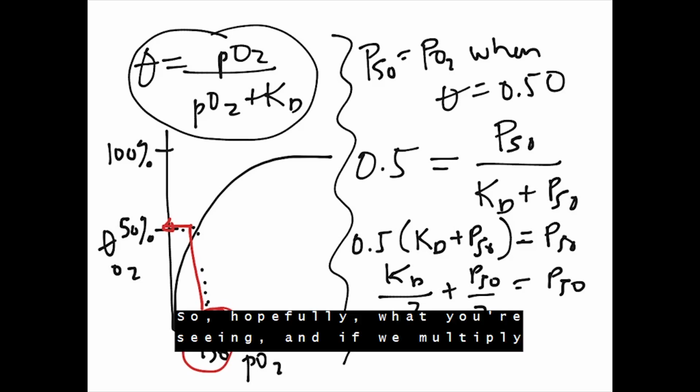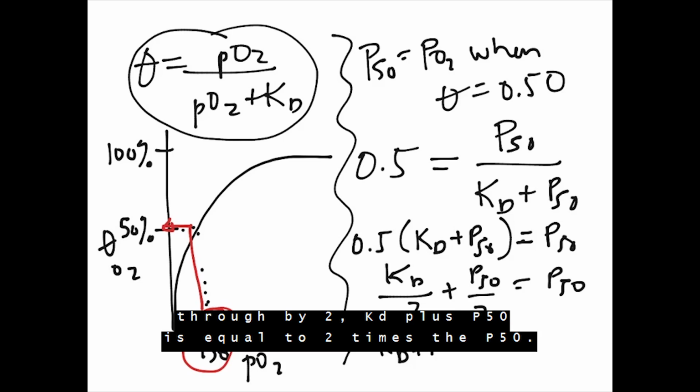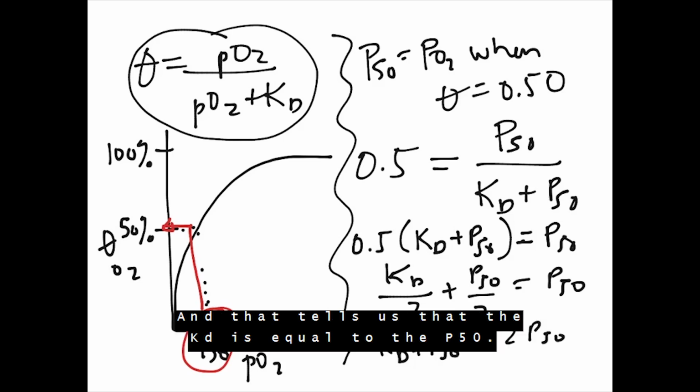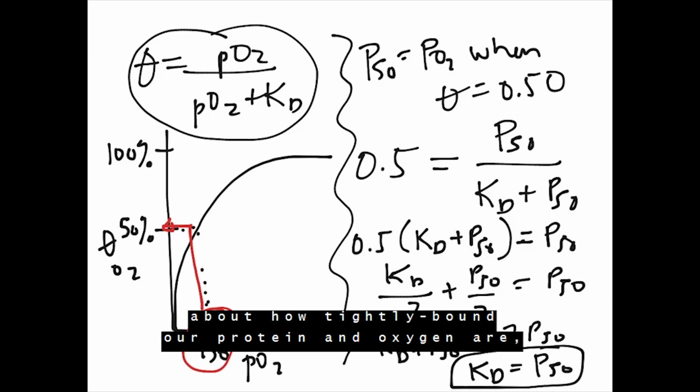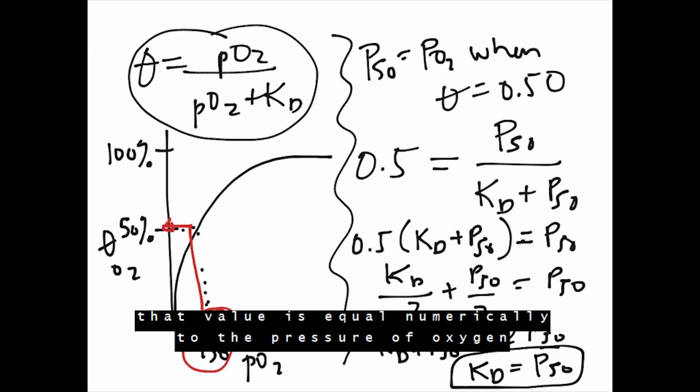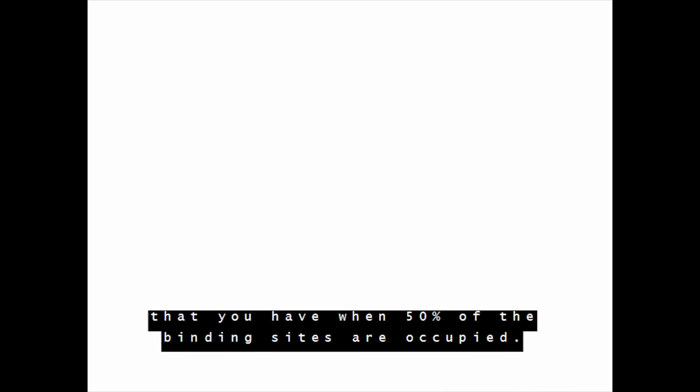So hopefully what you're seeing then, if we multiply through by 2, KD plus P50 is equal to 2 times the P50. And that tells us that the KD is equal to the P50. So that KD value that talks about how tightly bound our protein and oxygen are is equal numerically to the pressure of oxygen that you have when 50% of the binding sites are occupied.